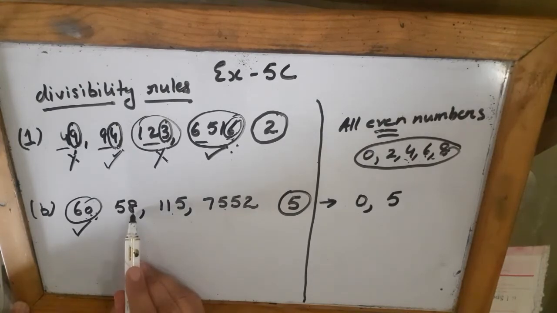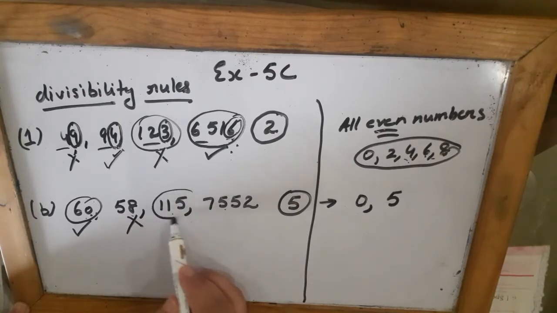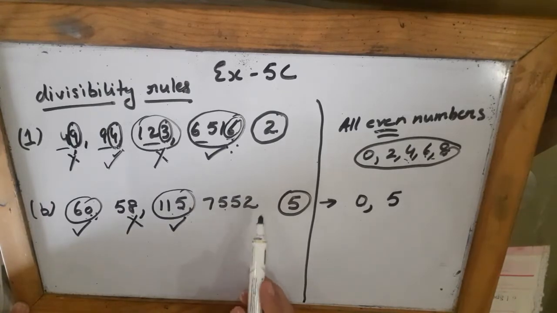This number has 0 at its end, so it is divisible by 5. This number does not have 0 or 5 at its end, so it is not divisible by 5. This number has 5 at its ones place, so it is divisible by 5. But this number does not have 0 or 5 at the end, so it is not divisible by 5.